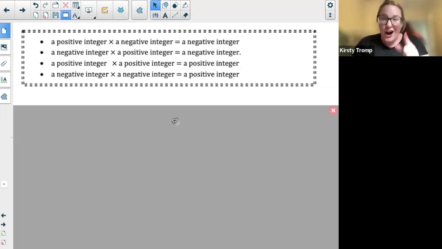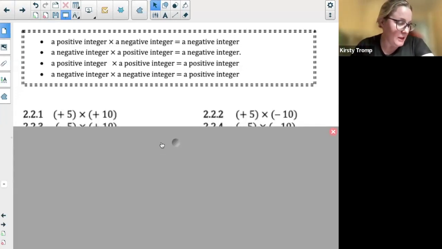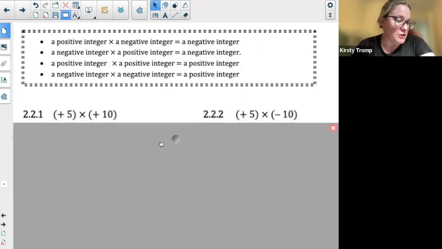So earlier on at the beginning of the lesson, Emihle was asking me about, ma'am, what about timesing and dividing? We're going to have a look now at what happens when you're multiplying and dividing with integers. All right. So for my first two examples here, I've got a positive 5 times by positive 5.